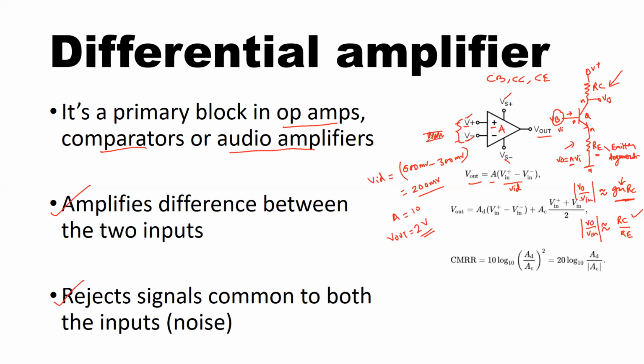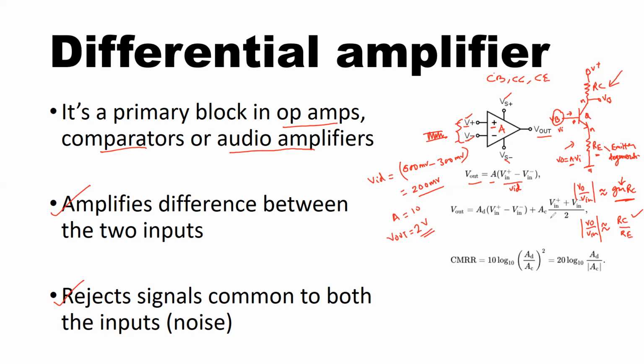In that case, the magnitude of the signal is common to both the inputs, and ideally your amplifier should have zero output, because the signal magnitudes are the same, so their difference is zero.